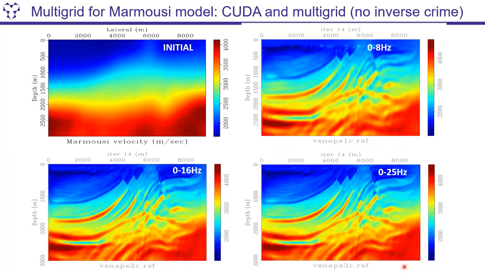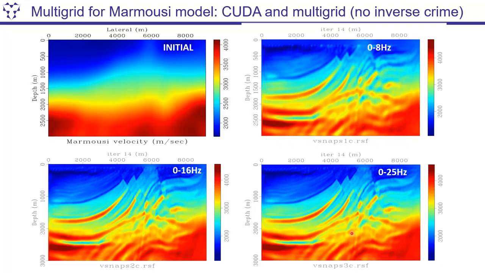So now, using these CUDA implementations, we can see the results with the multi-grid approach. They are very close to what we obtained before with the inverse crime, but this time we eliminated the inverse crime by working with different grids.